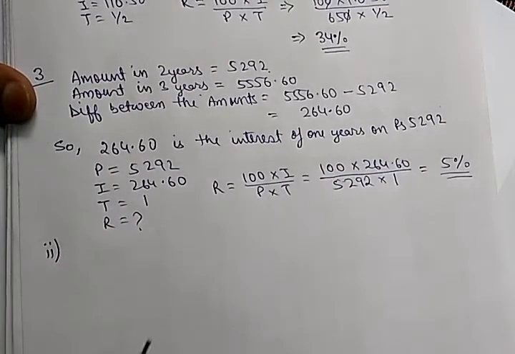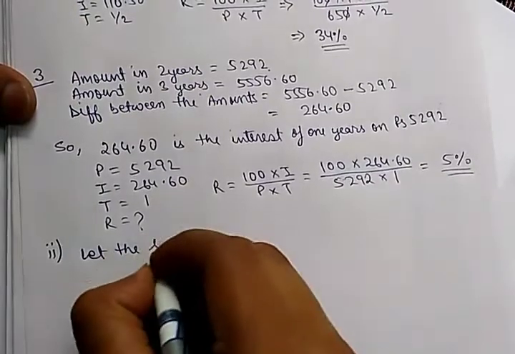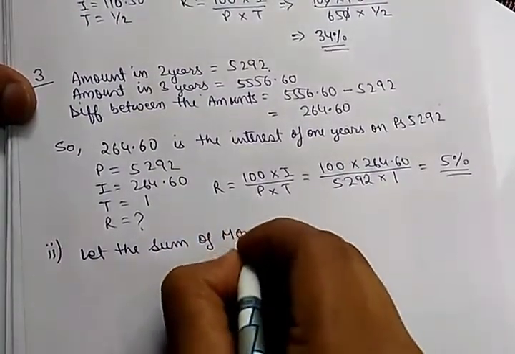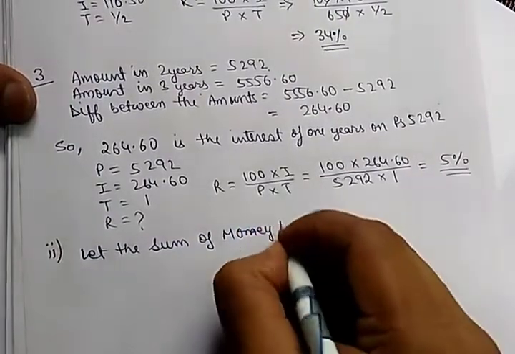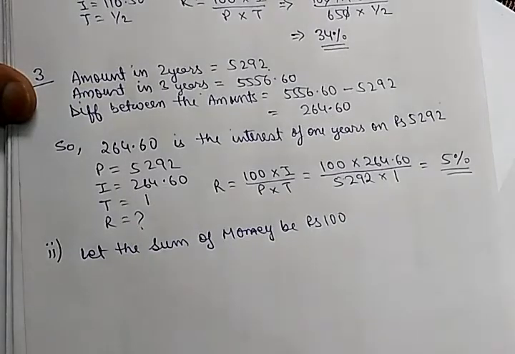To find the original sum, the best way is to take the original sum as rupees 100. You can take it as x also, but by taking it 100 it will be very easy. So let the sum of money be rupees 100.